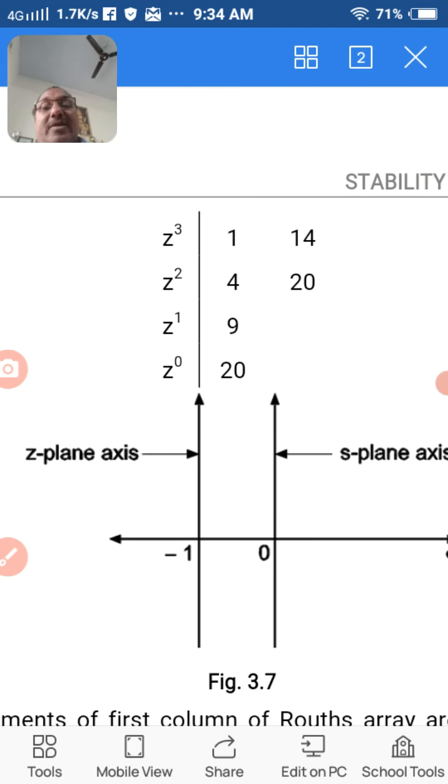Now we come to know that 1, 4, 9 and 20 is the first column where there is no sign change, all are positive. So I can conclude that the poles lie on the left hand side of the z plane also. So relatively it is stable with reference to the z plane axis also.